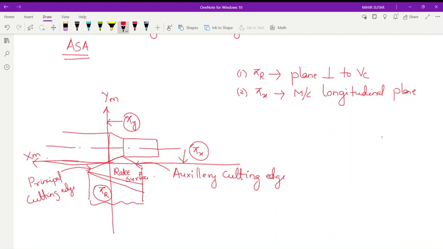And what is pi x? Pi x is the plane perpendicular to pi r plane, and in the direction of longitudinal feed.